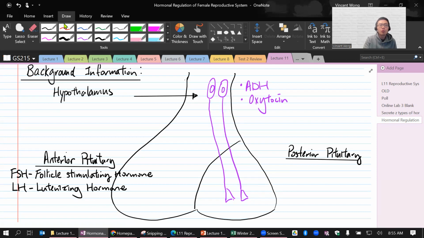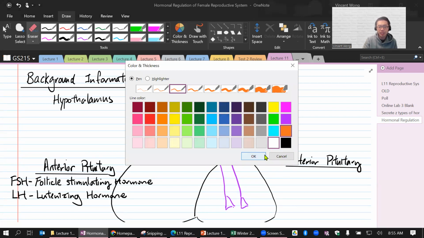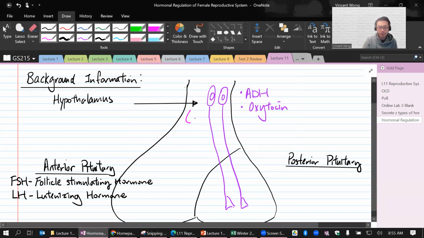Now I'm just going to give you a brief overview. We'll go into more detail in the endocrine system. But the hypothalamus has another set of neurons. These neurons, instead of extending all the way to the pituitary gland, stop short here. And from there, they release controlling hormones that will regulate the anterior pituitary gland. There are two kinds of hormones they could secrete.